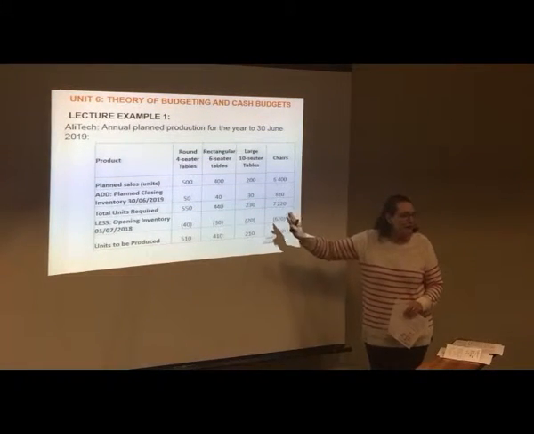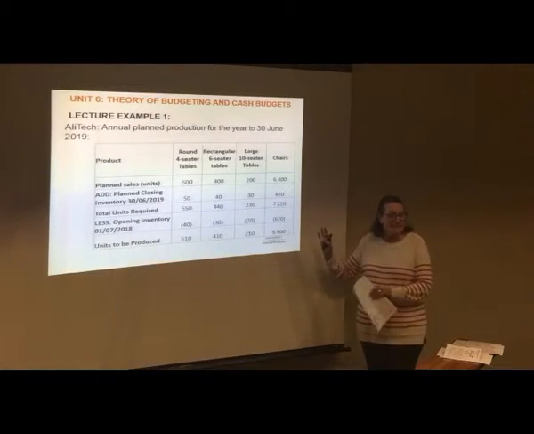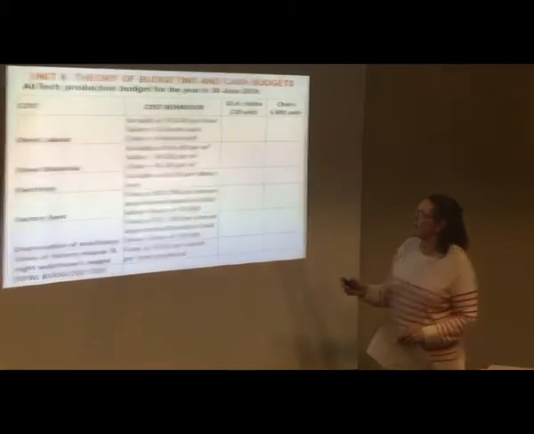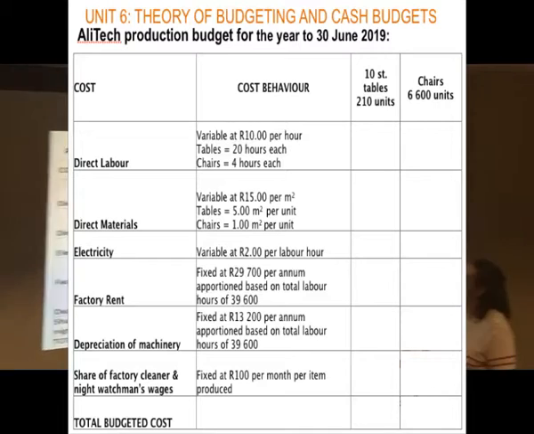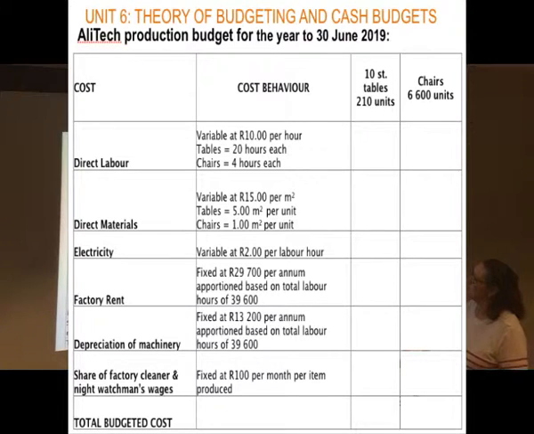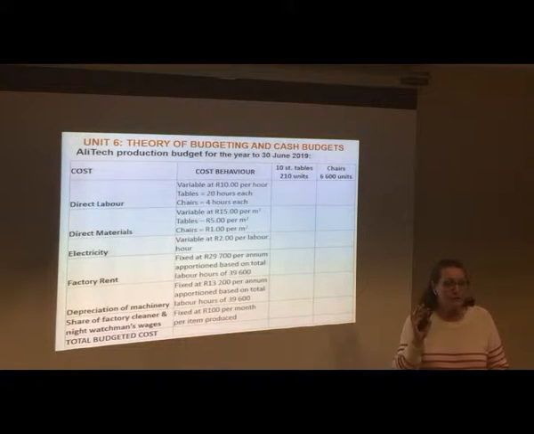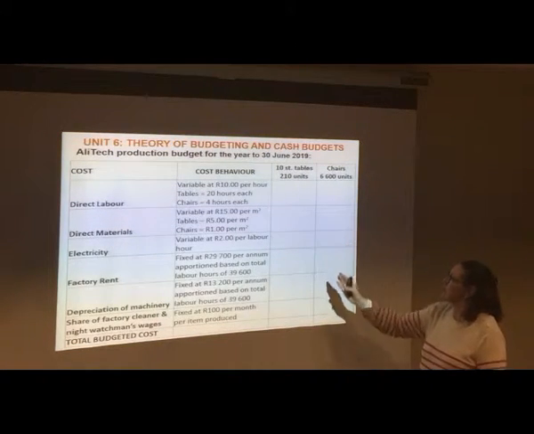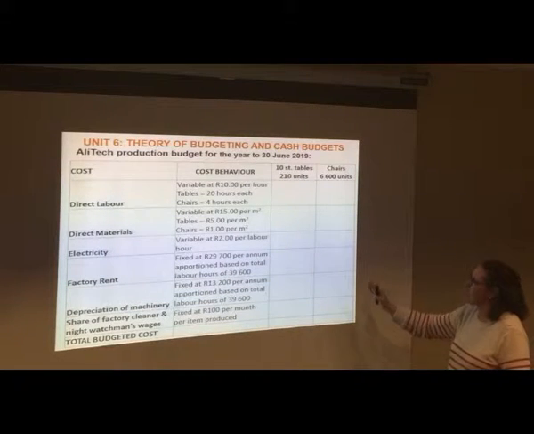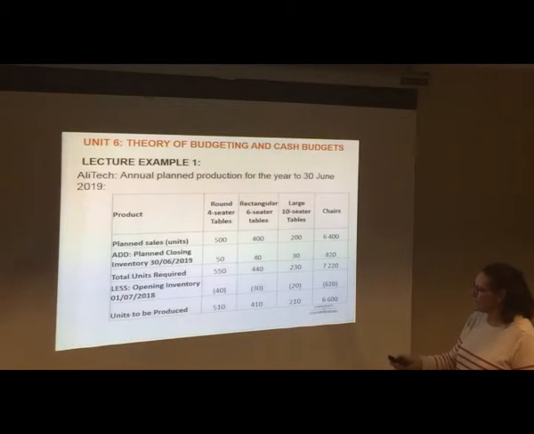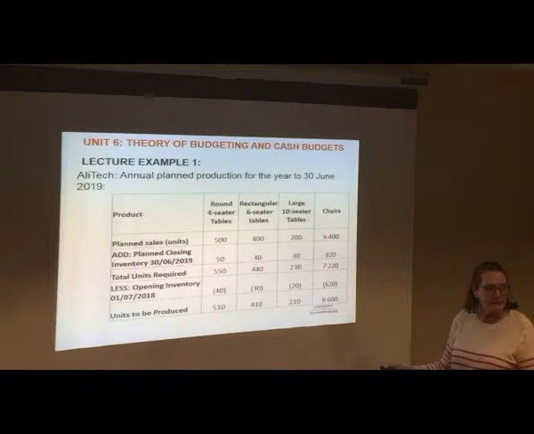It's what you do with that after that. So this has got a second phase to it, okay? Now, you've got to do the production budget for the year. Now, I've given you the 10-seater tables and the chairs, but you can do this production budget for all of them. But we're going to look at doing it for the 10-seater tables and the chairs. So we know from here that we need to produce 210 10-seater tables.